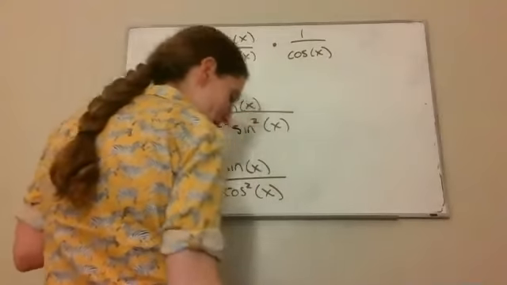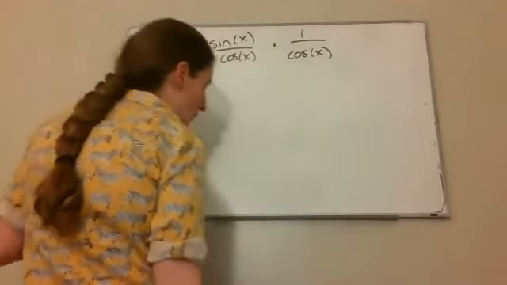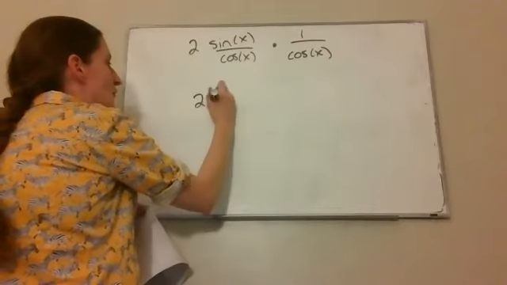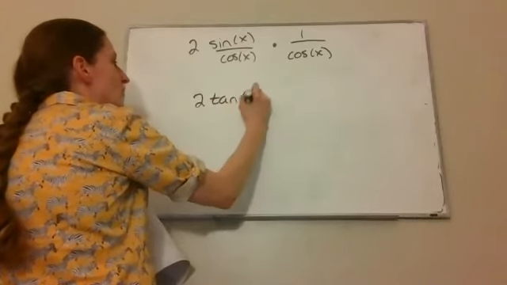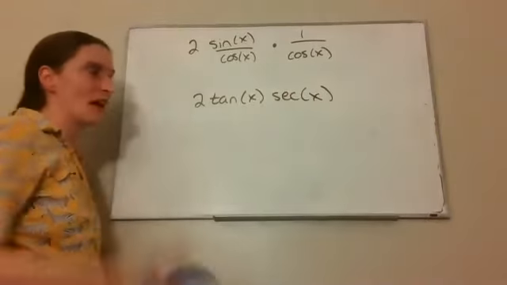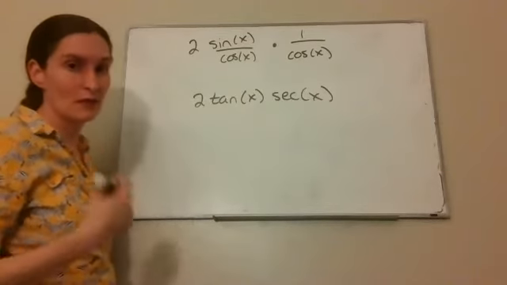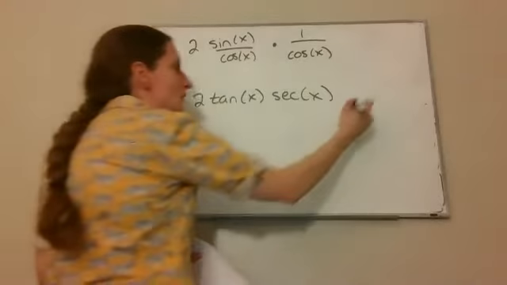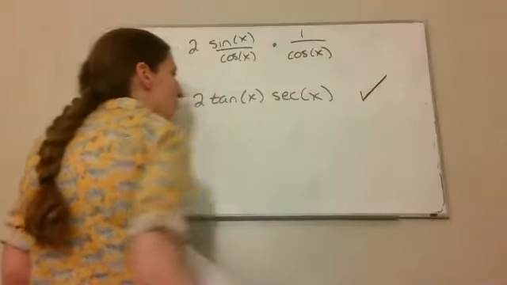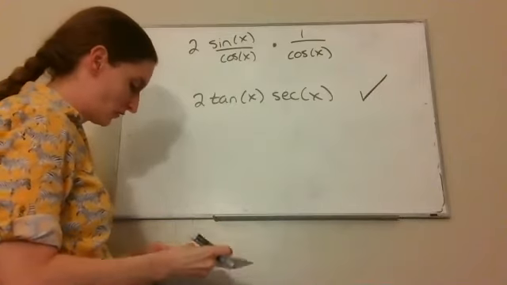And the only reason I did that is because I knew what my goal was. The right-hand side of the identity we were proving was 2 tangent x secant x, which is exactly what I have there using my quotient identities and reciprocal identities. So this one is also proven. We got to the right side just by manipulating the left side.